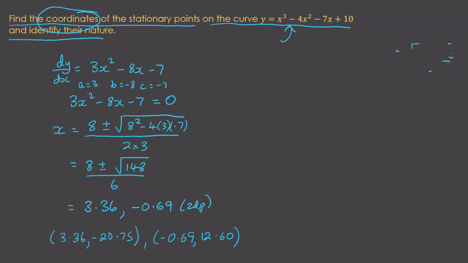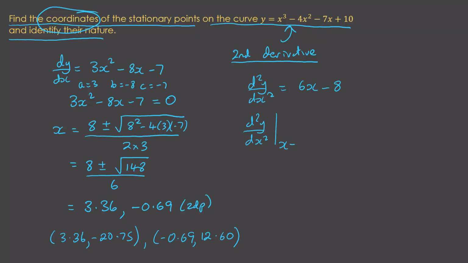Okay, let's just make a bit of space over here, and let's do the second derivative and do the testing. So d2y/dx squared is going to be 6x minus 8. d2y/dx squared, given that x is negative 0.69, well, it's going to be negative, isn't it?